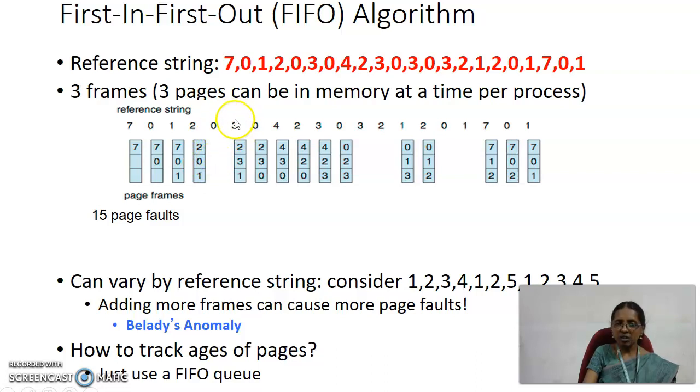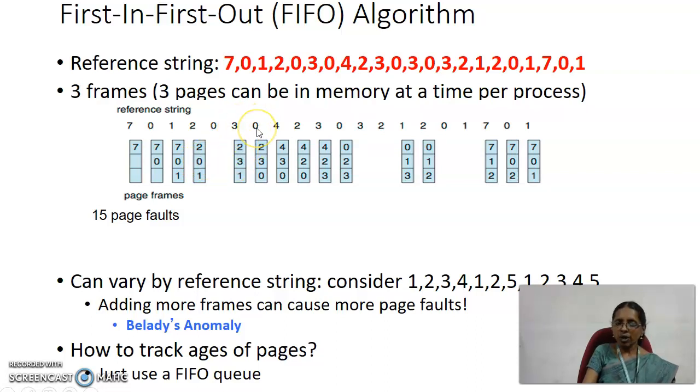When you refer to 3, search for 3 here. 3 is not in the main memory, and there are no free frames available either. So we have to swap out one of the frames. Among 2, 0 and 1, 0 is the earliest one. 0 came earliest, so 0 will be replaced by 3.